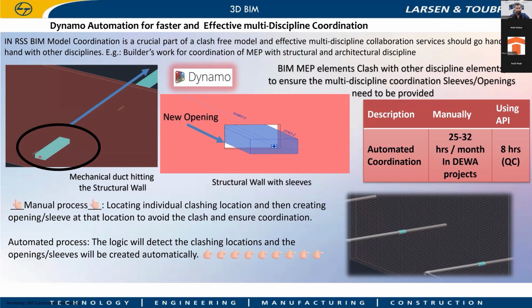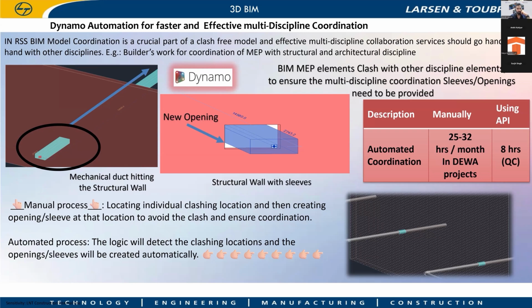The major challenge in doing the clash check is that there are processes to identify the clashes, but how are we going to resolve them in the model? Again, it's a tedious task where the user has to go to the individual locations, identify the clash in the clash platform, and mitigate it in the design authoring tool by manual modeling.